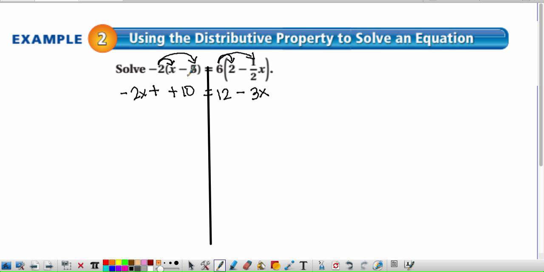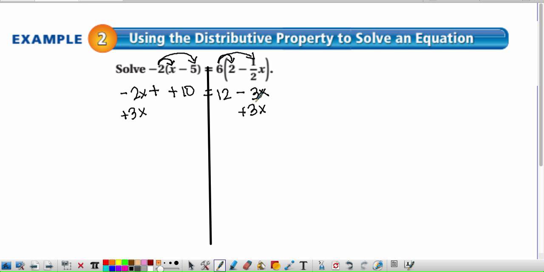Now we're still going to combine our like terms. We have two variable terms here, this negative 2x and this negative 3x that we can combine together. It doesn't matter which one you want to move. I'm going to move this negative 3x by adding 3x to both sides of the equal sign.